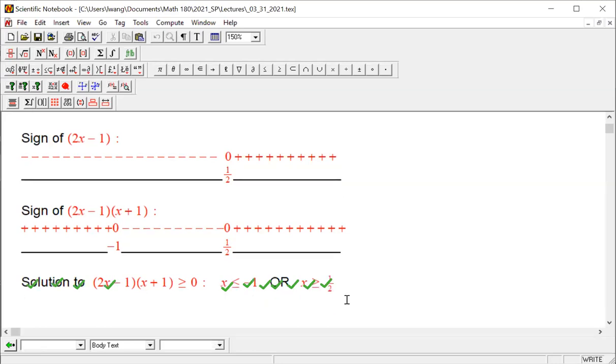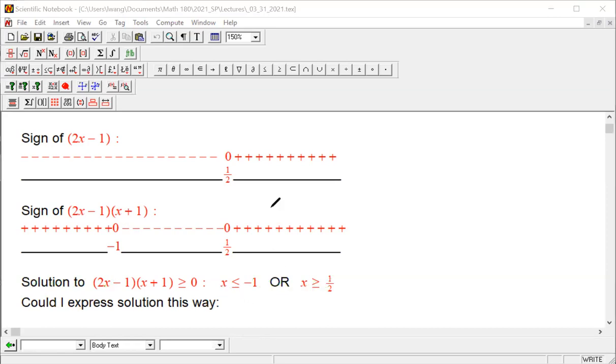Okay. Could I express the solution this way? X is less than or equal to -1, right? So I'm going to write X is less than or equal to -1.